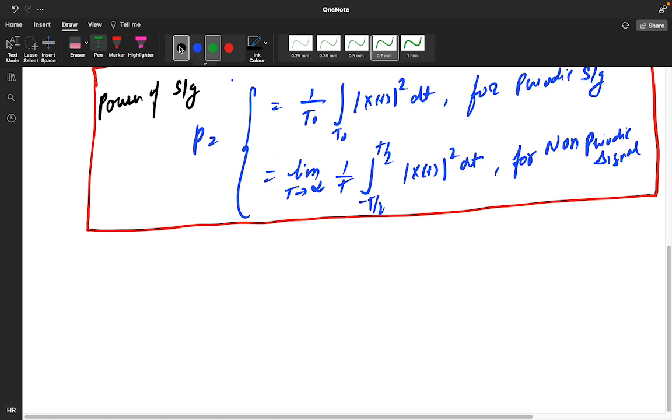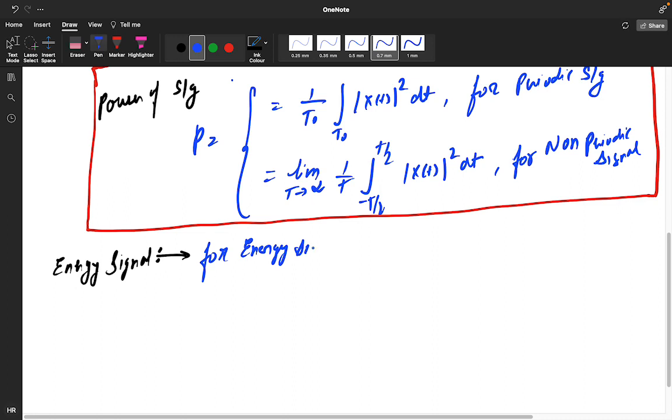So there are some correlations. Write it down. For energy signal, energy should be finite, and power should be 0.